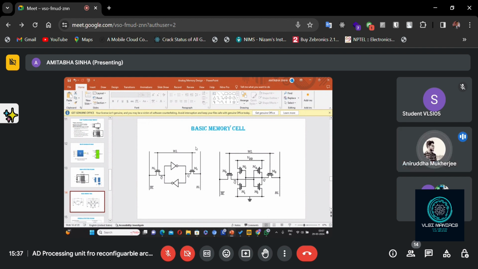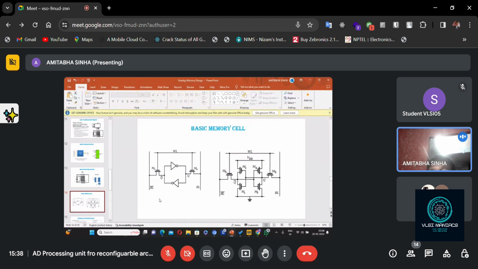One will be latched. So this 1 will come to Q, and the output will become 0 to 1. So 1 will be latched. Simple. That's why BL is called the bit line, and the BL on the left hand side is BL bar, the complement of this. In many flip-flops you will find one is Q, another is Q bar. Here also it is the same thing.